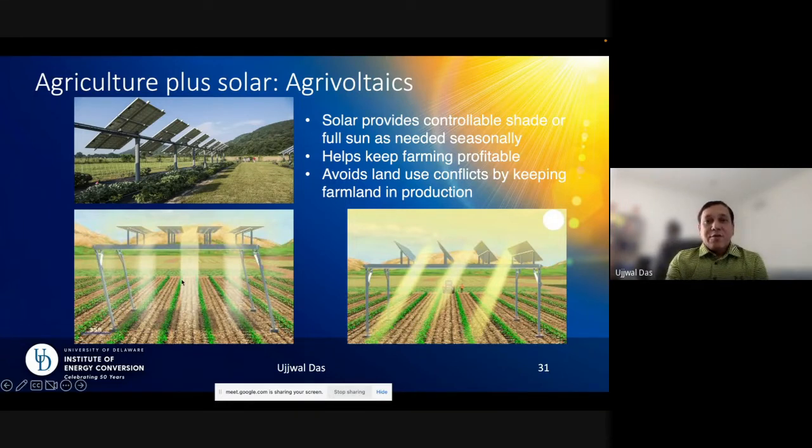Here is a concept called agrivoltaics. It's a whole new topic currently, and it provides controllable shade and full sun as needed seasonally. It helps keep farming profitable because it can optimize the growth of the crops. And as I said, it's a dual use purpose, so it avoids the land use conflicts created by many political developments.